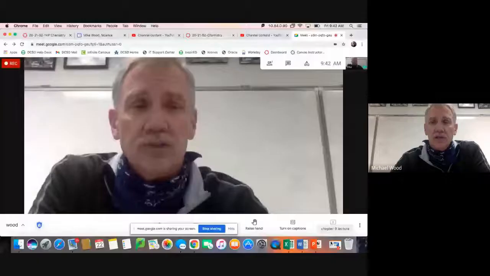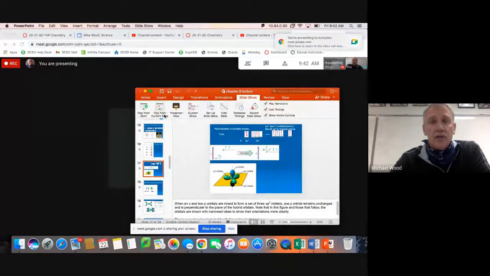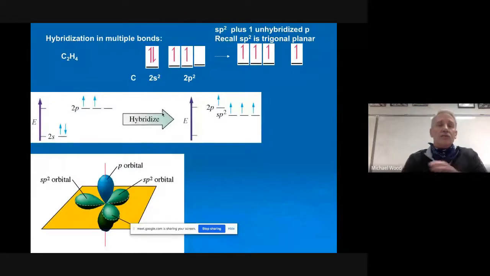Now we're going to get into multiple bonds. So let me pick up here where I left off and explain this. I was saying this in class, but I'll go through the chemistry here, the logic, how this works. If you have a double bond, always the second bond. The first bond is going to be the hybridization like we've had.